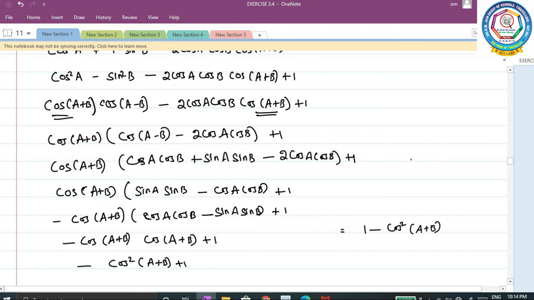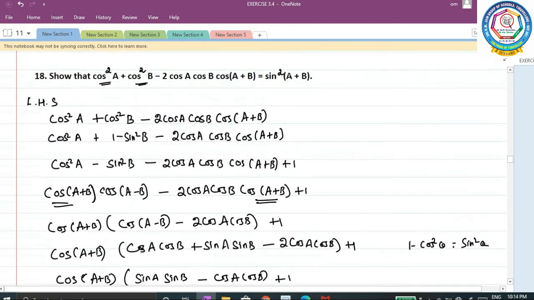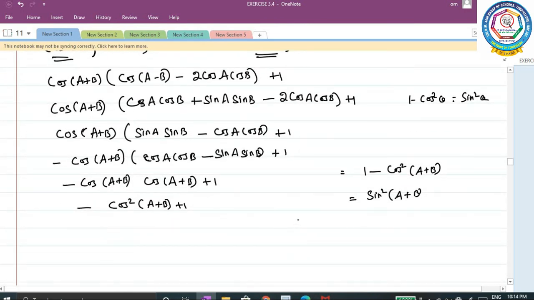We know the formula 1 minus cos²θ equal to sin²θ. Here θ represents A plus B. Therefore 1 minus cos²(A+B) is equal to sin²(A+B). Now I proved what is given in the right hand side. So what is the right hand side? Right hand side is equal to sin²(A+B). Therefore left hand side equal to right hand side.